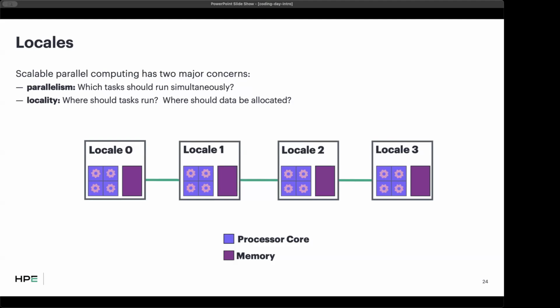If you really want to make the most use out of all your resources, you want to use every core on every locale that you have available. And the next concern, besides running code, is where to store data. So in this picture at first, I have an array represented by 4 squares stored in locale 0.